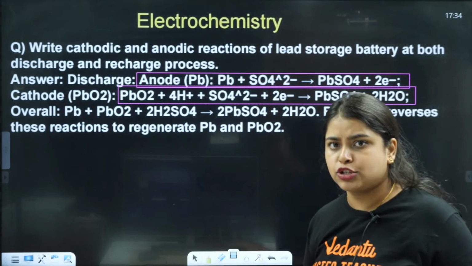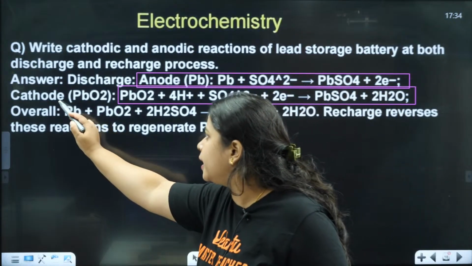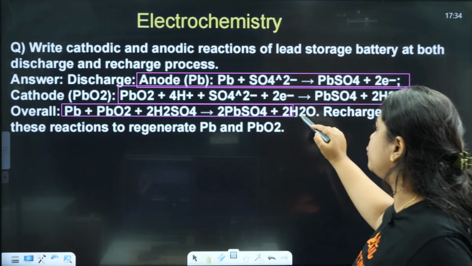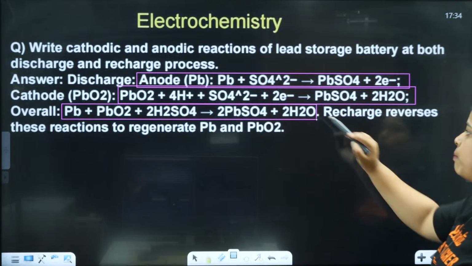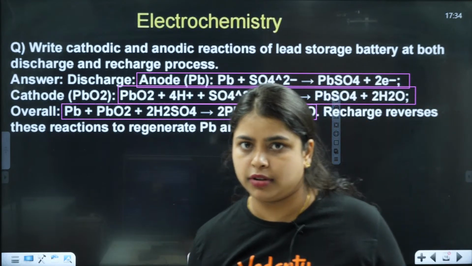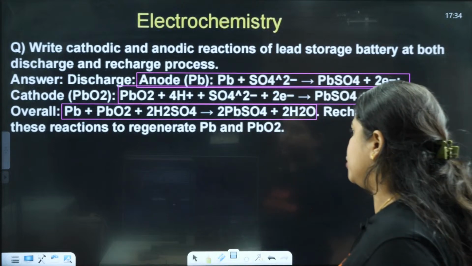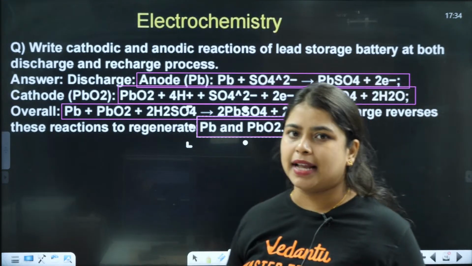This is the anode process, and this is the cathode process. The overall reaction: Pb plus PbO2 plus 2H2SO4 forms 2PbSO4 plus 2H2O. This is the overall reaction of the anode and cathode. Clear? Next, recharge: reverse these reactions to regenerate the Pb and PbO2. We should reverse it back to recharge it.